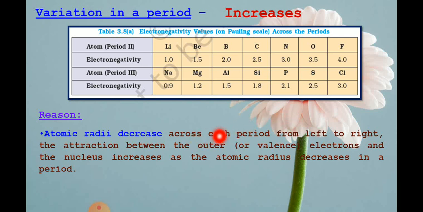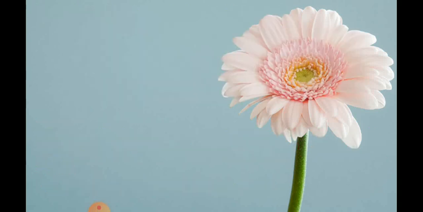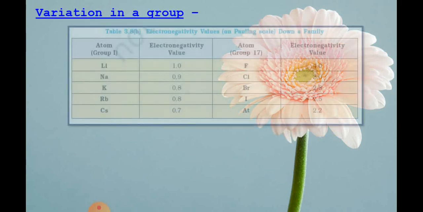Therefore, electronegativity also increases. The power of an atom to attract a shared pair of electrons increases. Therefore, since along the period atomic radius decreases, electronegativity increases. Again, the reason is the atomic radius concept.